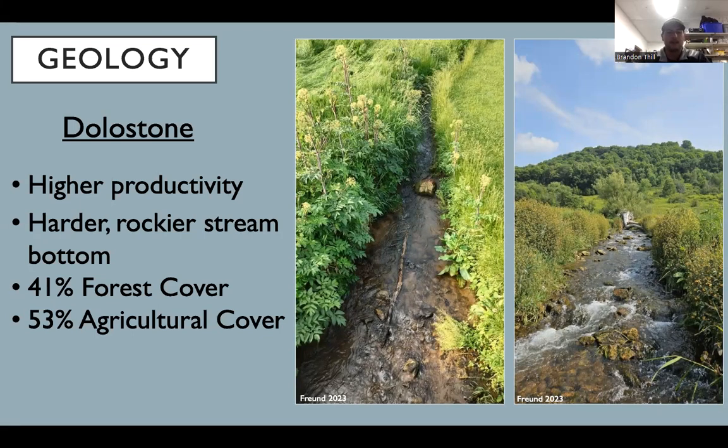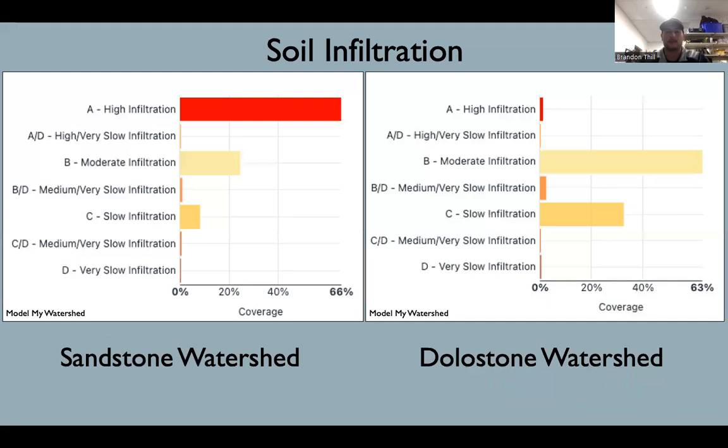So we talk about land coverage and trees and agriculture, and that pairs with soil infiltration rates. So I've used a program called Model My Watershed and taken the average percent coverage of different infiltrations of soils within our watersheds.